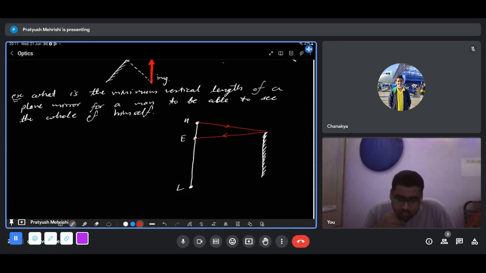Similarly, for the legs also, the rays must reach like this.